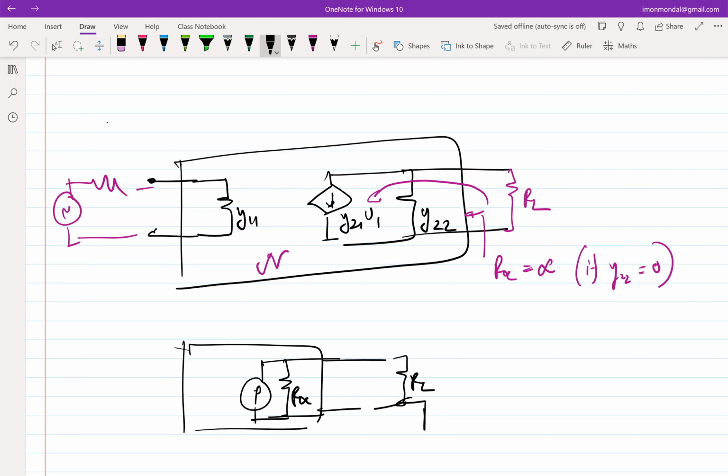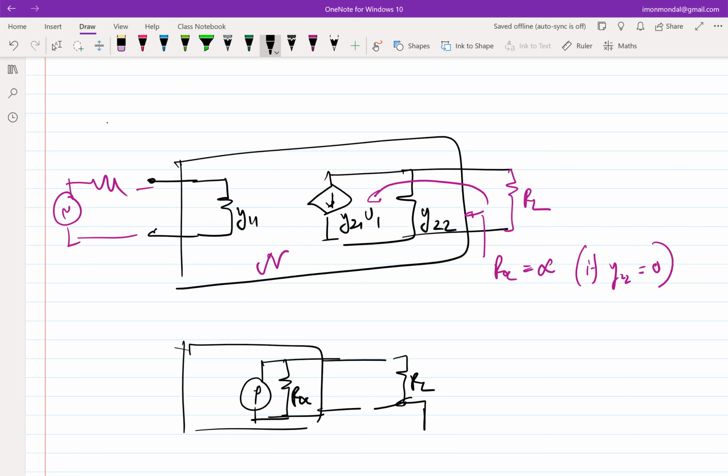It is only then the entire current from the block will flow into RL, and that current will be independent of the value of RL. If the voltage that you are seeing at the output node is independent of RL, then it's a voltage source. If the current that you are drawing from the network is independent of RL, then it's a current source. That's the definition, right?